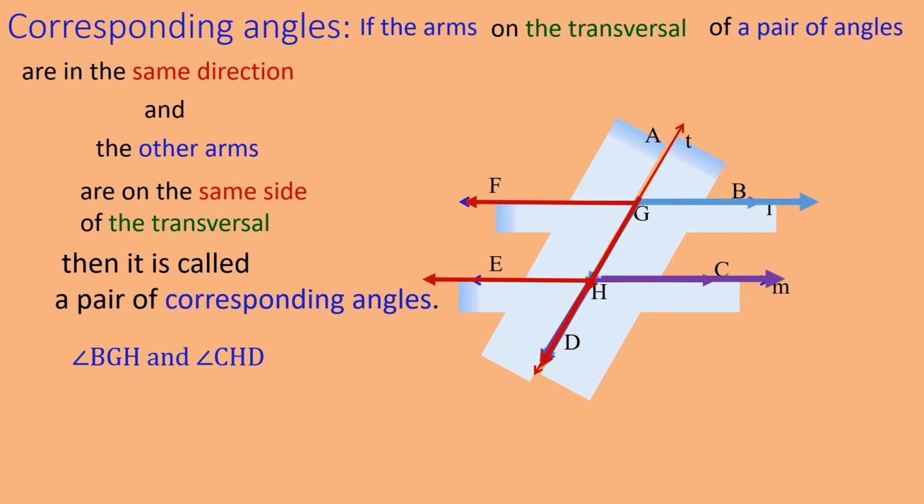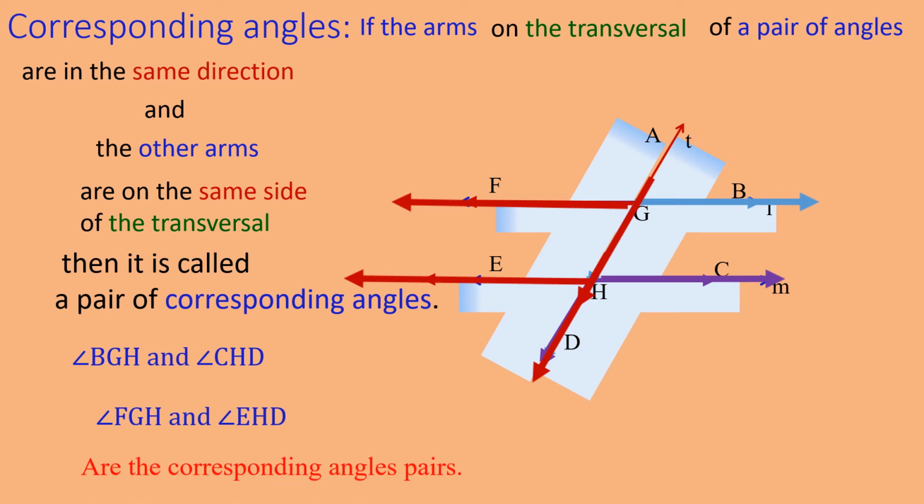The other arms are on the same side of the transversal. So these two angles, angle FGH and angle EHD, are also corresponding angles. So we can say that angle BGH and angle CHD, also angle FGH and angle EHD, are corresponding angle pairs.